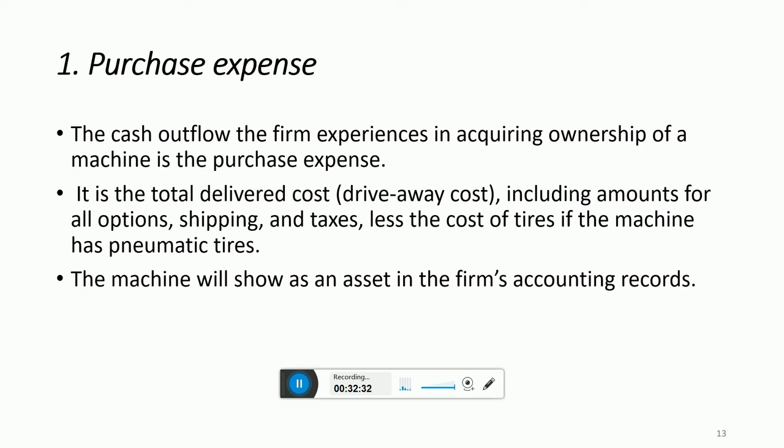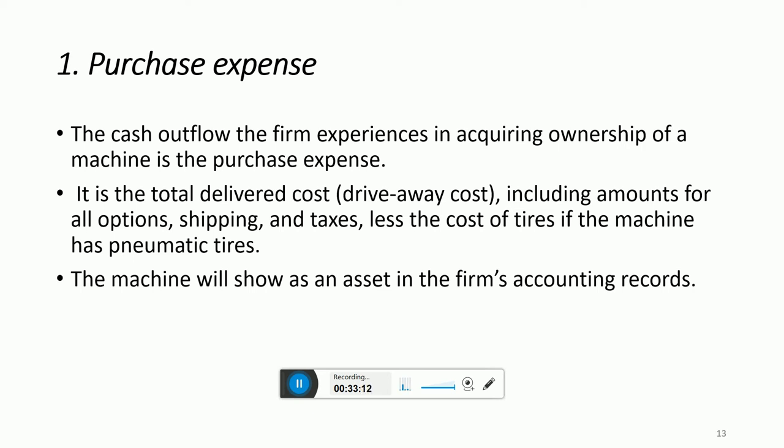It is the total delivered cost or the drive away cost, including amounts for all options, shipping and taxes, also less the cost of the tires if the machine has pneumatic tires, because the pneumatic tires are usually used within 2 or 3 years, or depends on the work which the equipment is doing. So it is being subtracted from the original cost, because this is a repetitive expense.